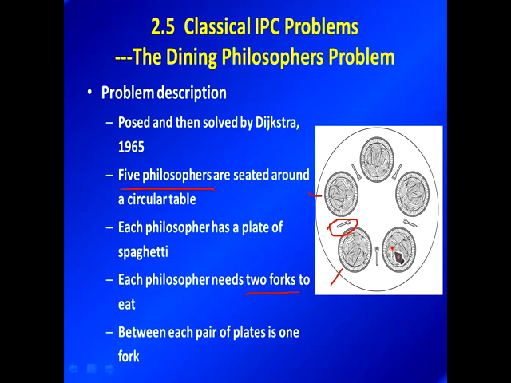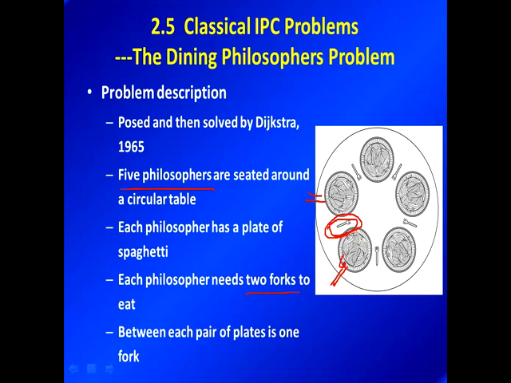There are 5 plates of spaghetti. Spaghetti is not a shared resource because each philosopher has a plate of spaghetti. The spaghetti belongs to a certain philosopher. This is not a shared resource, but the fork is the shared resource. Each fork is shared by the philosophers sitting on the left side and the right side.